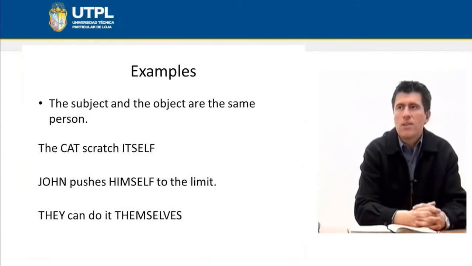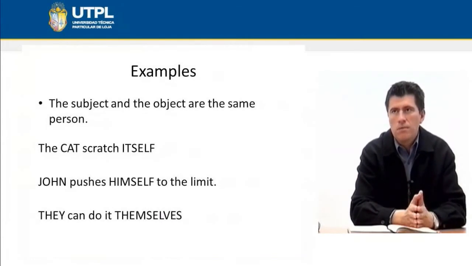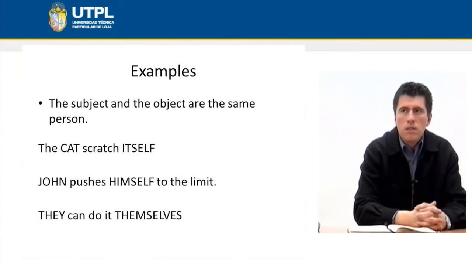The cat scratched itself. So the subject is cat and the object is itself. You need to be clear on what the subject is and what an object is. The next example, John pushes himself to the limit. Subject John, object himself. And the last example, they can do it themselves. They the subject, themselves the object.